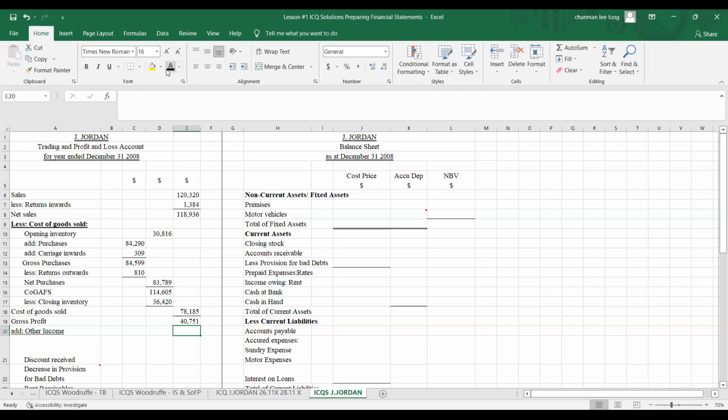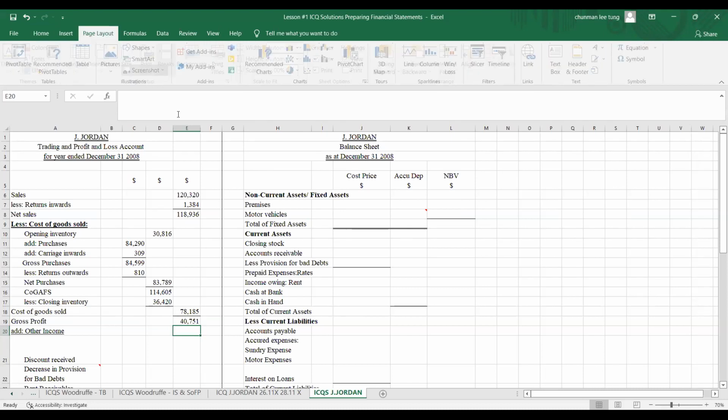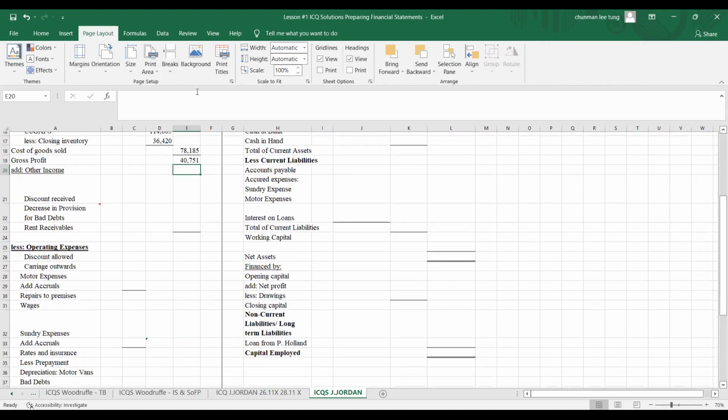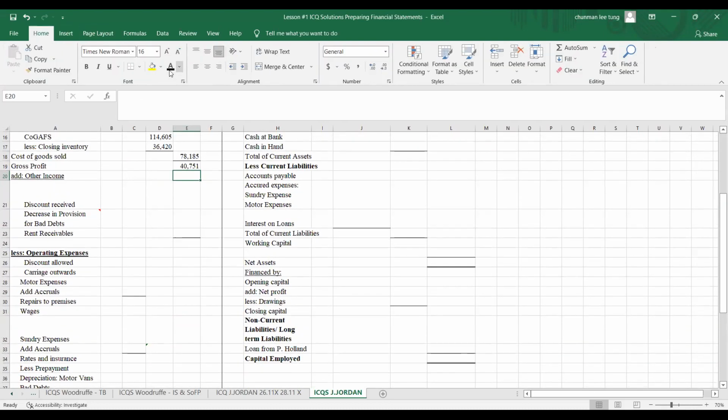Were there any other incomes in this question? Were there any discount received? Yes. And how much is the discount received? 506, good.